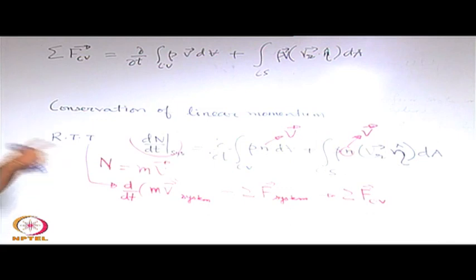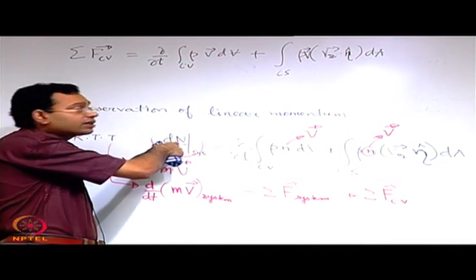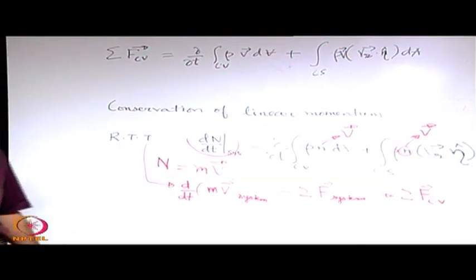And see the power of the Reynolds transport theorem, we never committed that N should be a scalar, vector or whatever, so we have applied it for a vector and there is no restriction towards that.